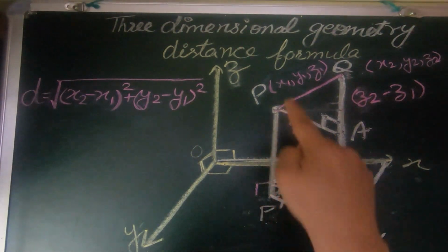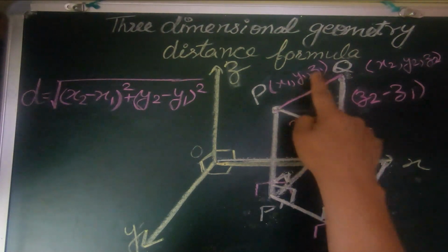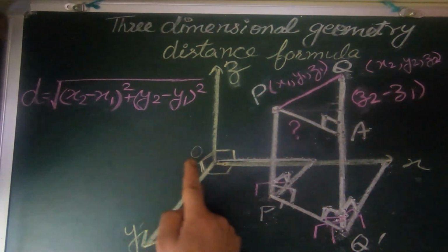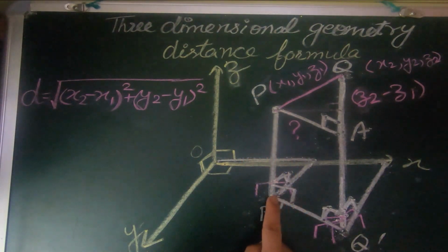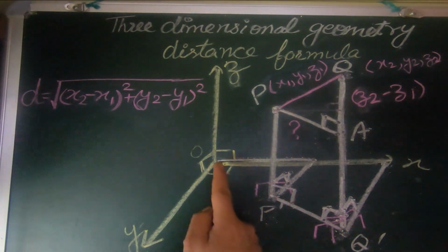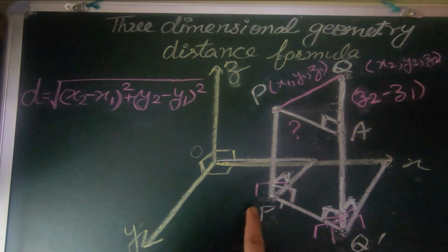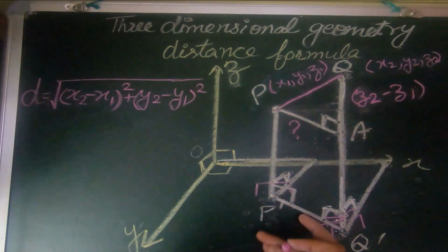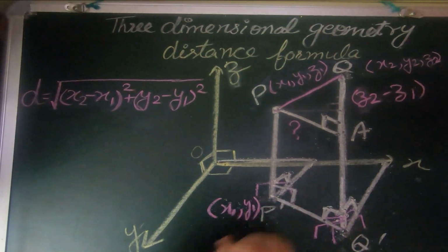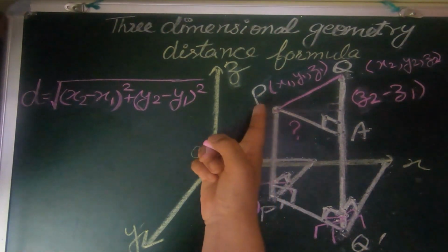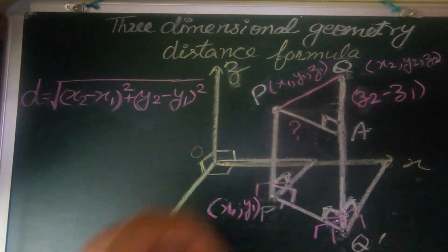Okay, as this is x1, y1, it means to reach point P we covered x1, then y1 and then z1. That means its coordinates are, to reach here it's x1, y1, and there is no height. Okay, so this is x1 and y1. Okay, and to reach P we just took height z1.